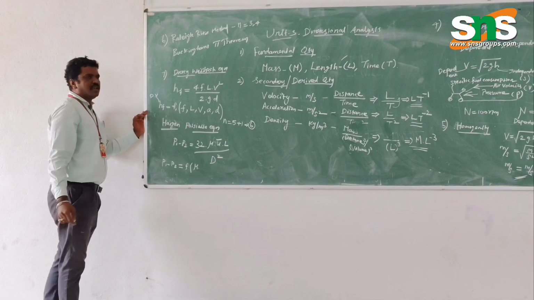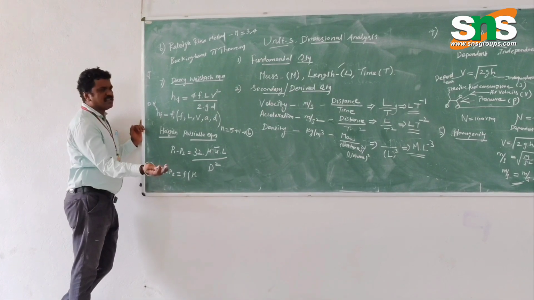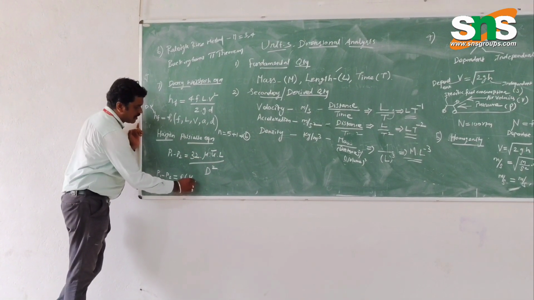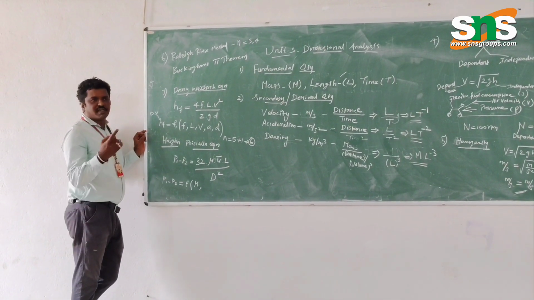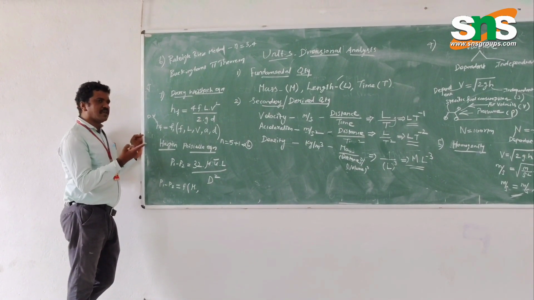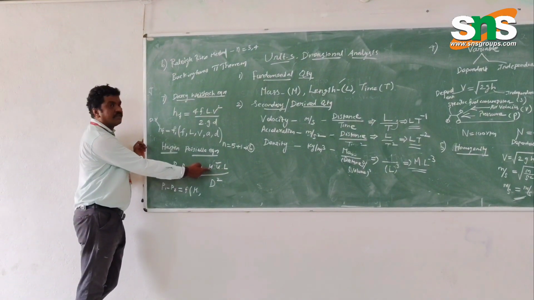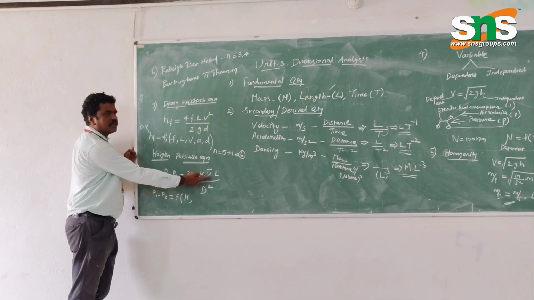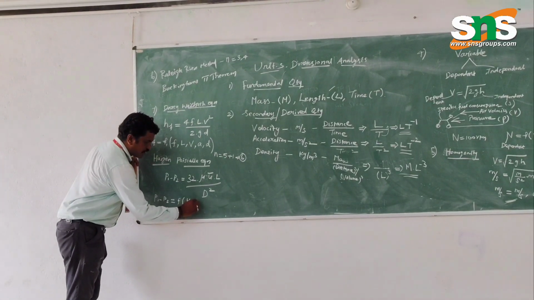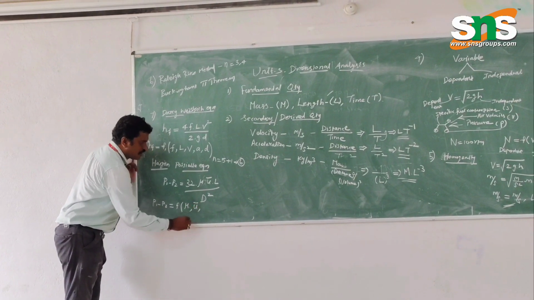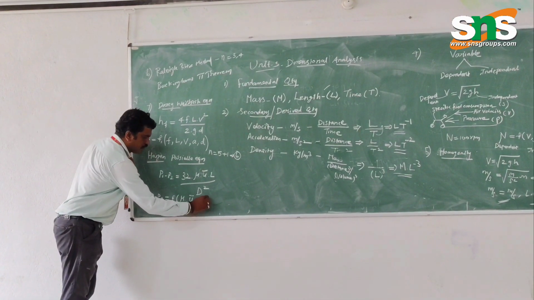Mu is the dynamic viscosity, and nu is the kinematic viscosity, so normally we just call it viscosity. Then u bar is the mean velocity, the average velocity we already saw in continuity equation problems. Then L, and the last one is d.